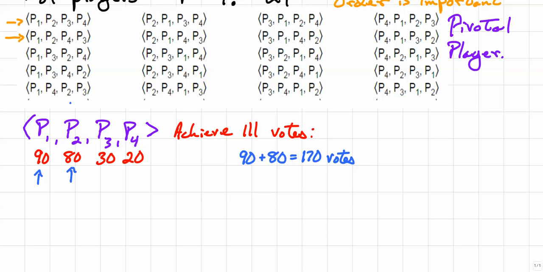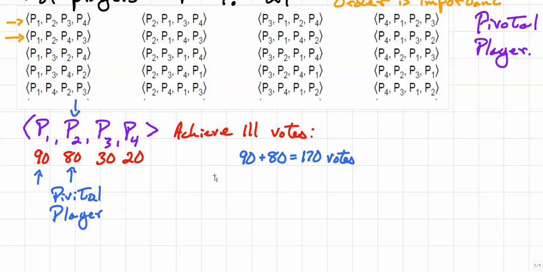And that means that player 2, or P sub 2, is my pivotal player here. Once we've figured out who the pivotal player is for each one of these, then I'm going to count the number of times that player occurs.